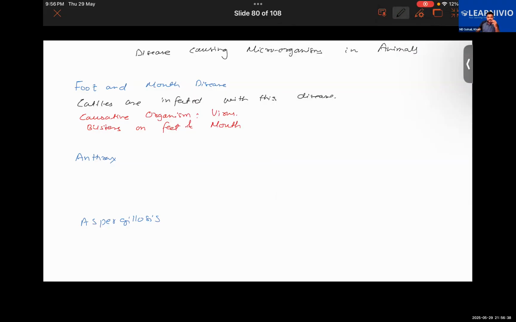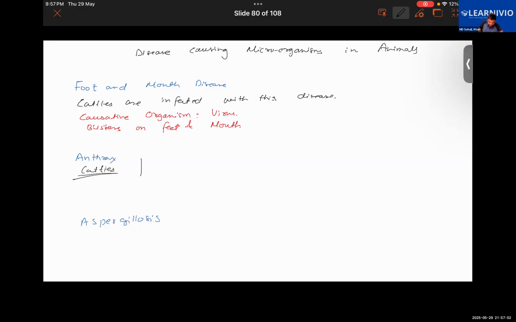Anthrax is said to be a dangerous disease of the cattle again, and it is caused by a bacterium. So it's a bacterial disease of the animals. The causative microorganism of anthrax disease is a bacterium that we call Bacillus anthracis. So here again, cattle are infected by this disease.